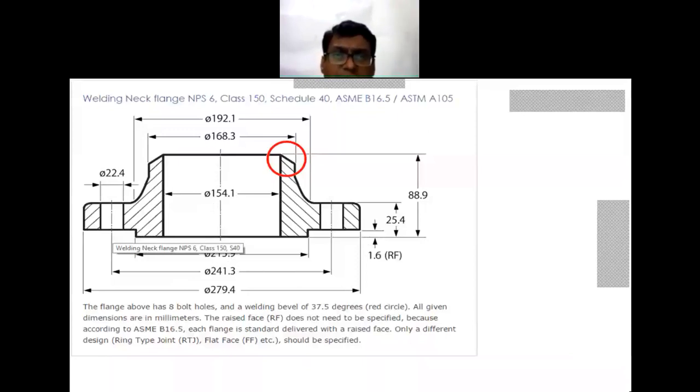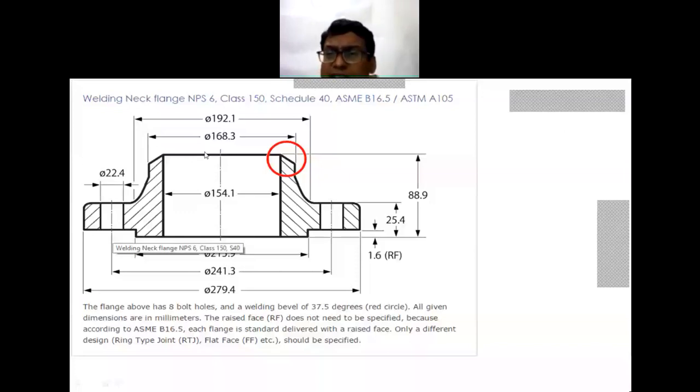This is the welded neck flange with the class 150 and schedule 40. That is class 150 and schedule 40 represents the maximum temperature and pressure to which it can be exposed, and it defines the thickness also. So this is the phi that will be provided, phi that is your diameter.